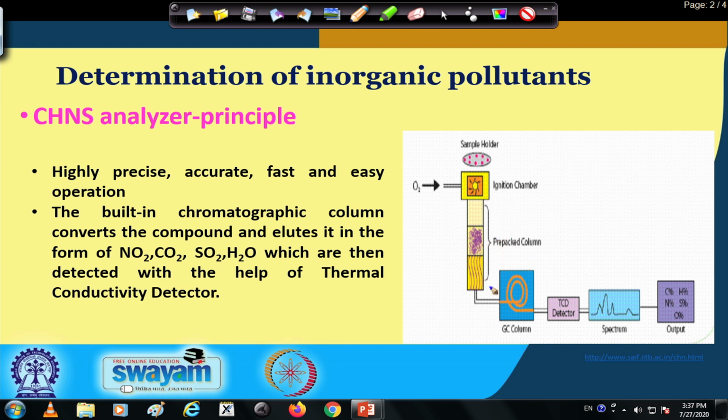After that, this gas mixture moves through the GC column or gas chromatography column, and finally they are detected by this TCD detector.